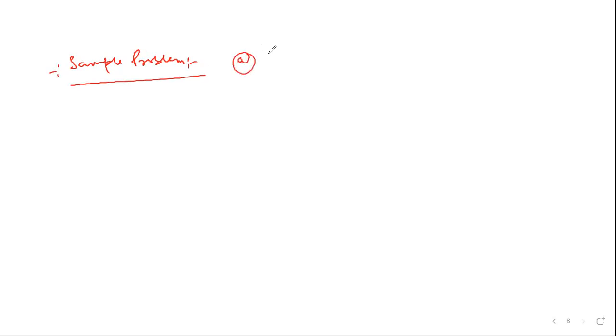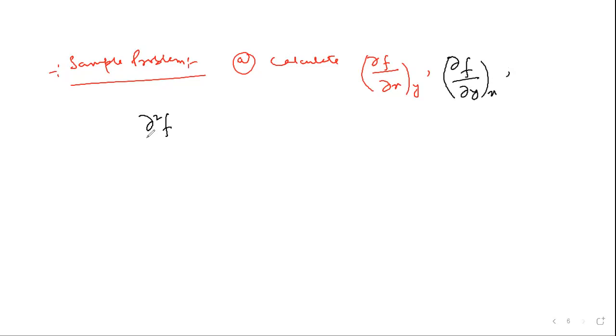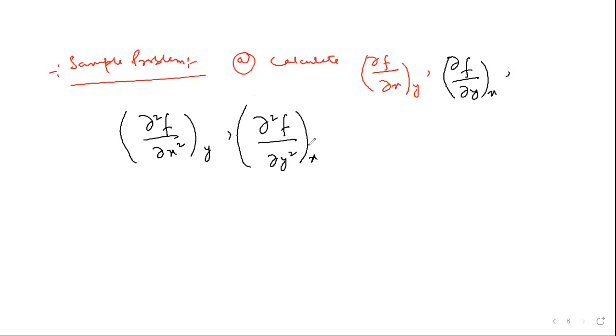Part A. It says calculate ∂f/∂x, y constant, ∂f/∂y, x constant, then ∂²f/∂x², y constant, then ∂²f/∂y², x constant, then what?